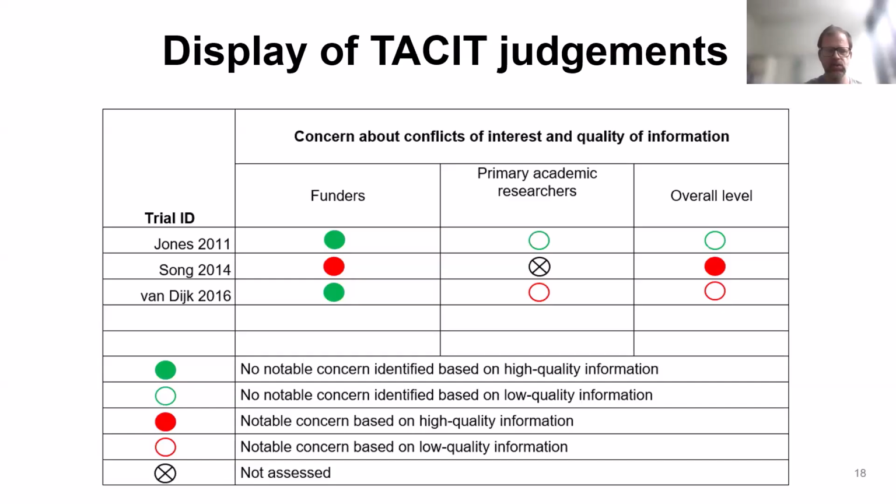So you'll see in the Jones 2011 trial, there's no notable concern identified in relation to the funders, and it's a fully green circle. That means it's based on high quality information, whereas you can see that only the border of the circle is green for the primary academic researchers, because in that case it was based on low quality information. For example, the trial might not have included sufficient information on the conflicts of interest of all the primary academic researchers.